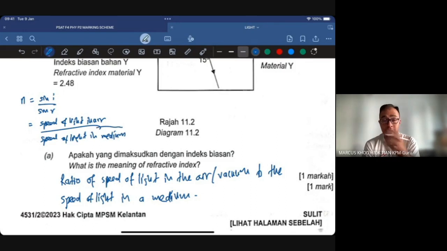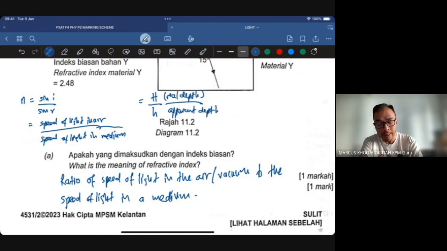The good news is the speed of light in the medium will be given to you. The third one is the real depth over the apparent depth. And finally is 1 over sine c, where c is the critical angle.